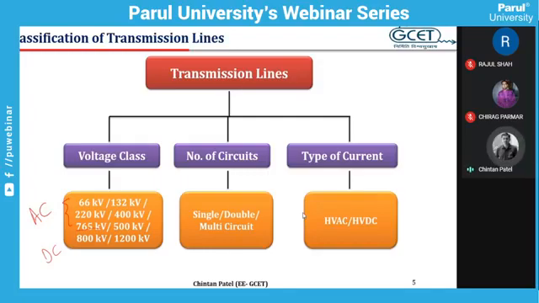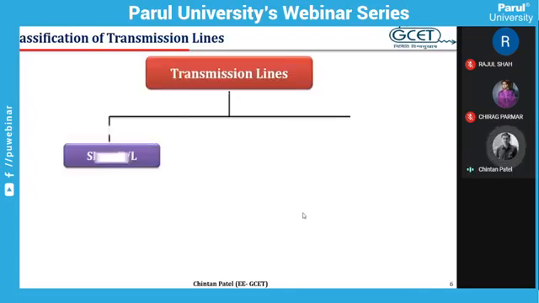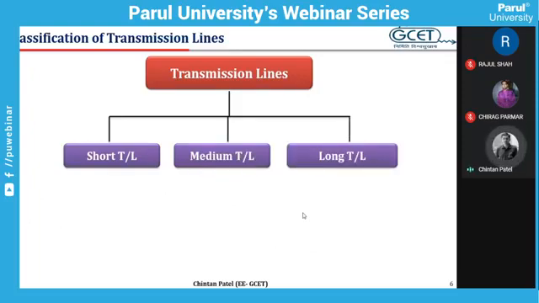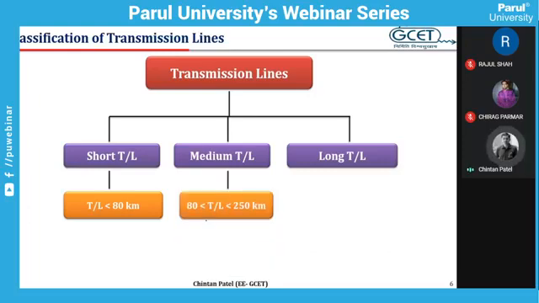There is one more method to classify the transmission line, and it is based on the distance to which the transmission line is carrying the power. So three types: short transmission line, medium transmission line, and long transmission line. In short transmission line, the distance is generally considered less than 80 kilometers. In medium transmission line, it is between 80 to 250 kilometers, and in long transmission line, it is greater than 250 kilometers.